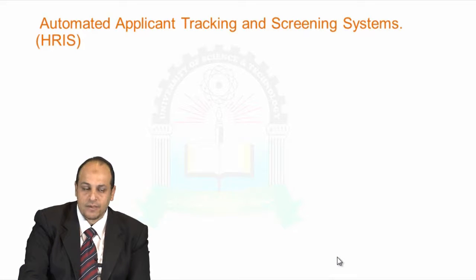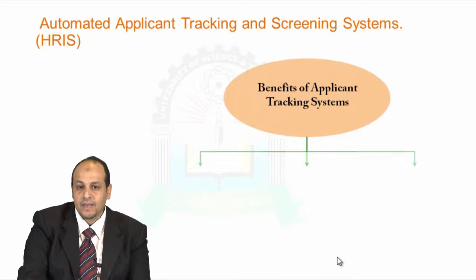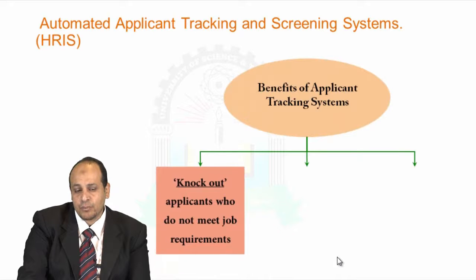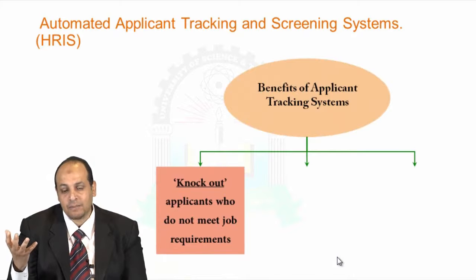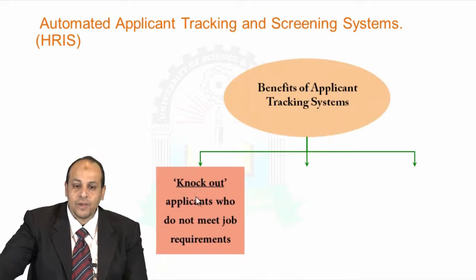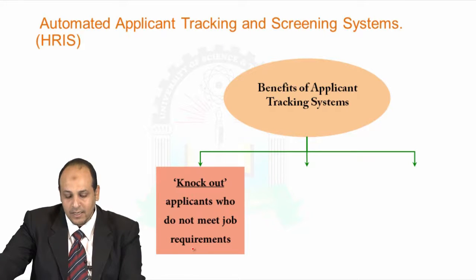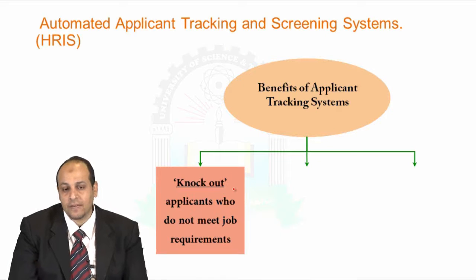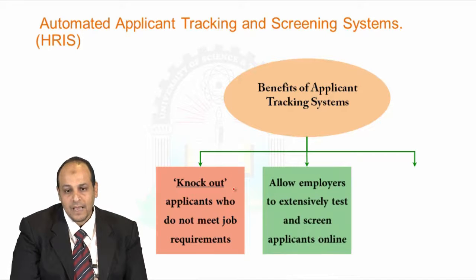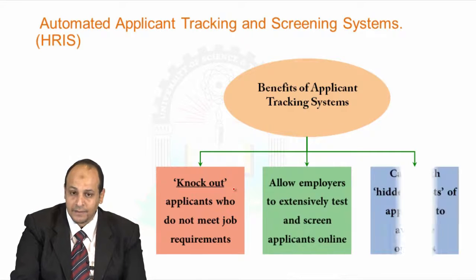The last point in our session is about the systems used here. We have the automated applicant tracking and screening system. Now, this is important because as we use a system in which information can help to select the right person, we can simply knock out applicants who do not meet job requirements. It is a system that automatically eliminates those applicants, and allows employers to extensively test and screen applicants online.